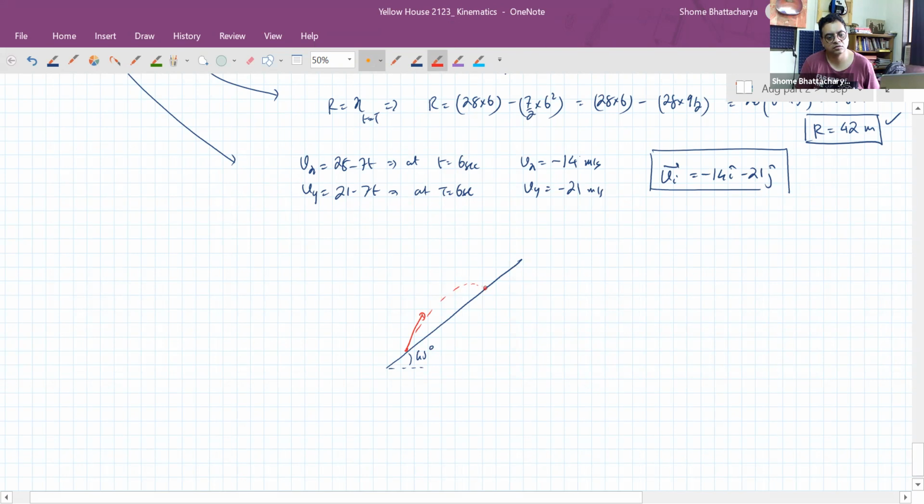So the impact velocity will be like this. So compared to our x-axis and y-axis, it's having a negative x component and a negative y component. This angle here is greater than 90 degrees.